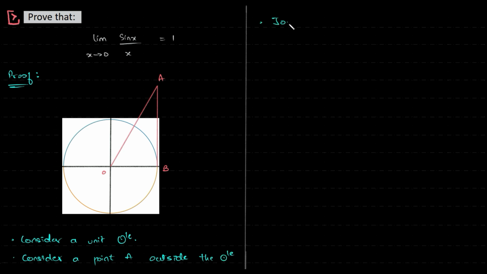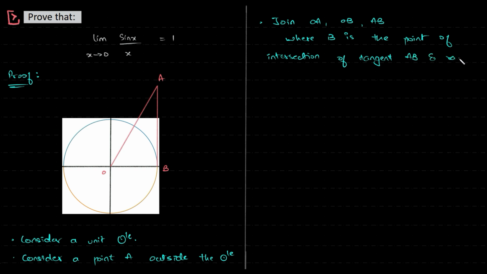Then we're going to join OA and OB and AB, where B is a point of intersection of tangent AB and radius OB.